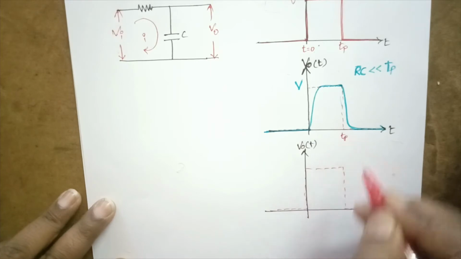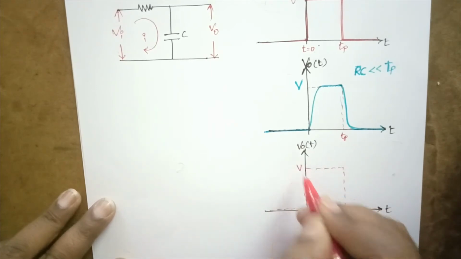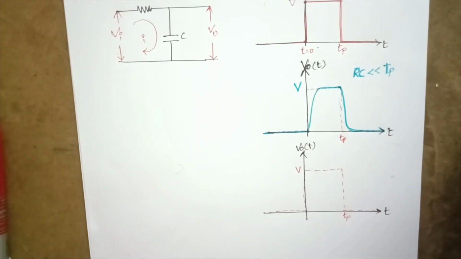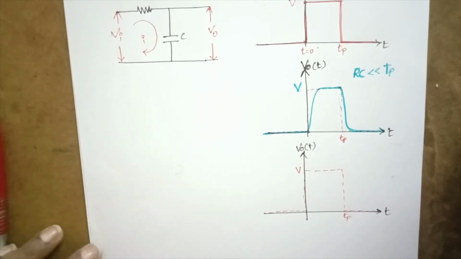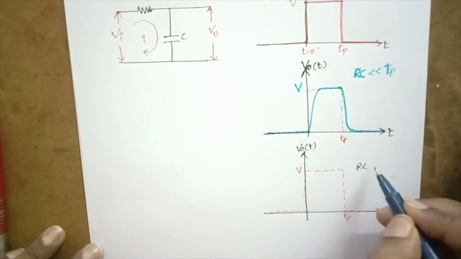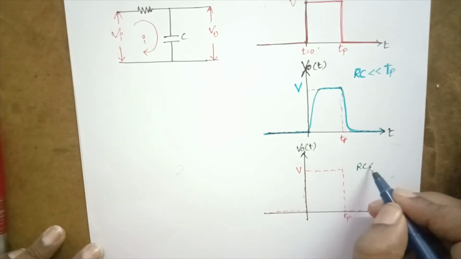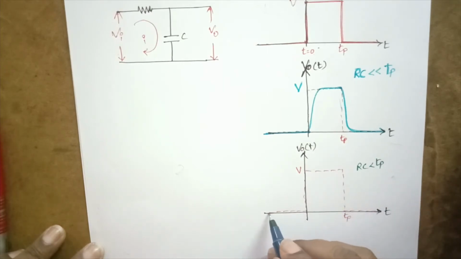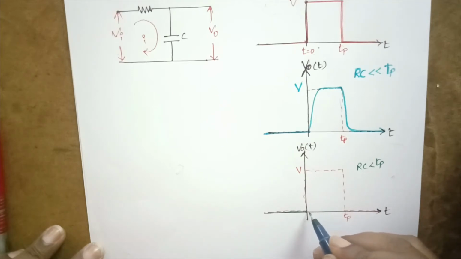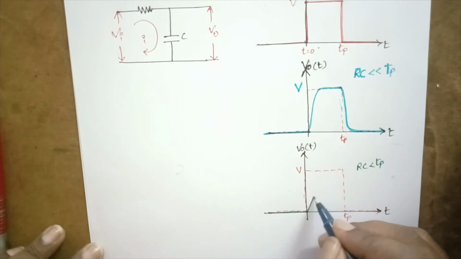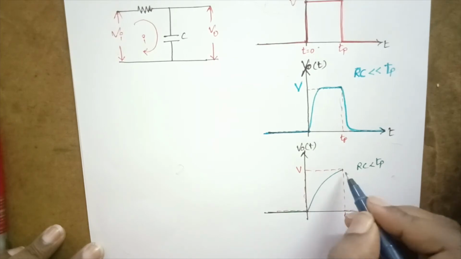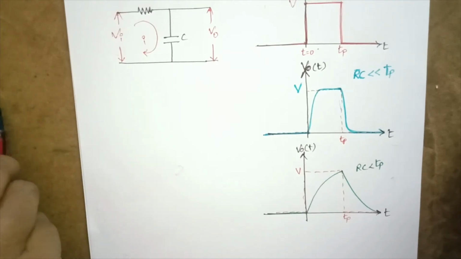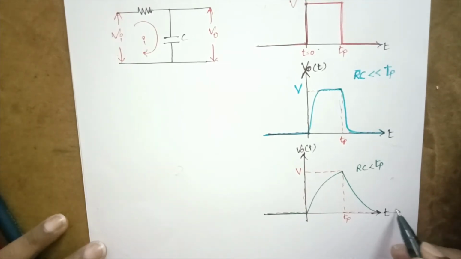So this is Tp, and the voltage here is V. Here I take another condition, when RC is just less than or nearly equal to Tp. Then what happens? The capacitor charges and discharges with a comparable time constant. So this is the waveform we get, just up to Tp.